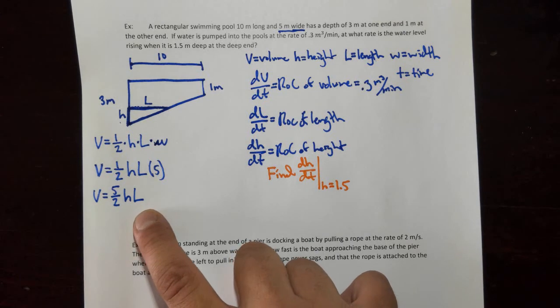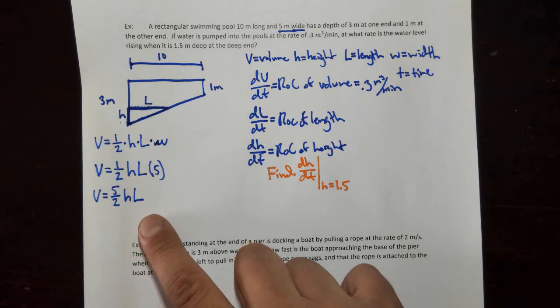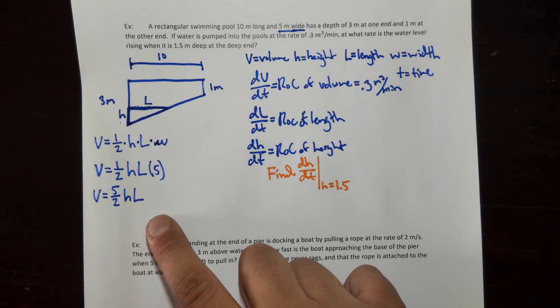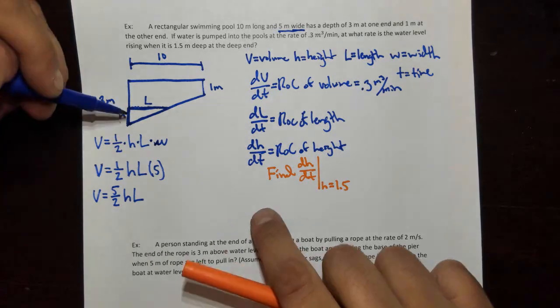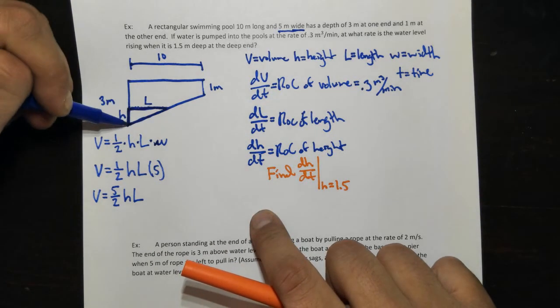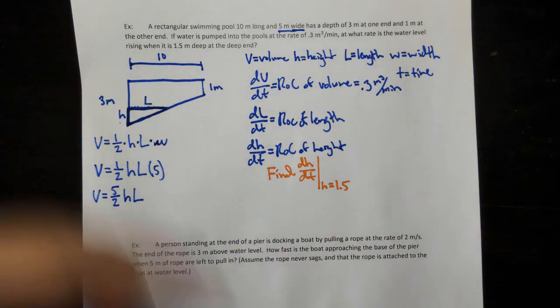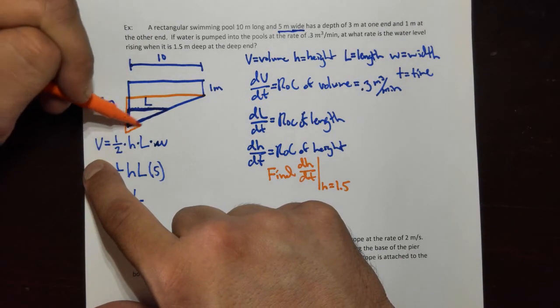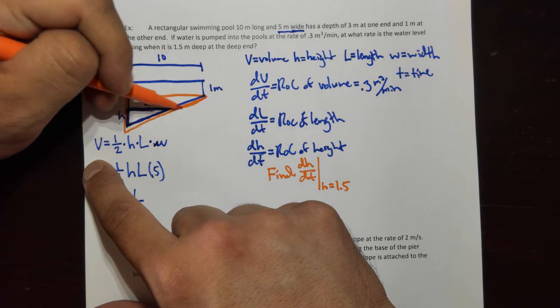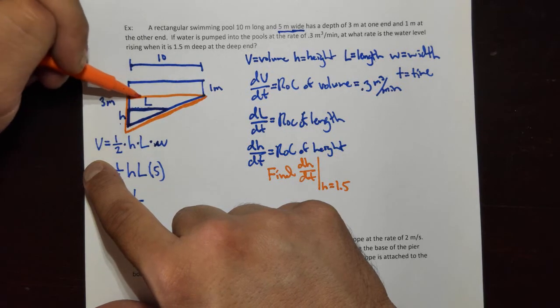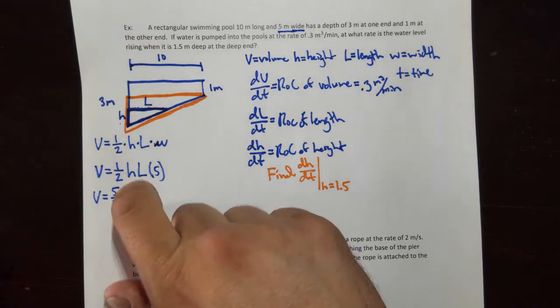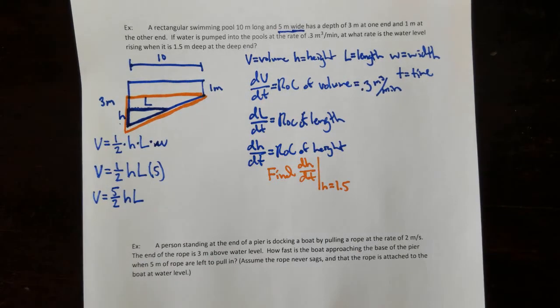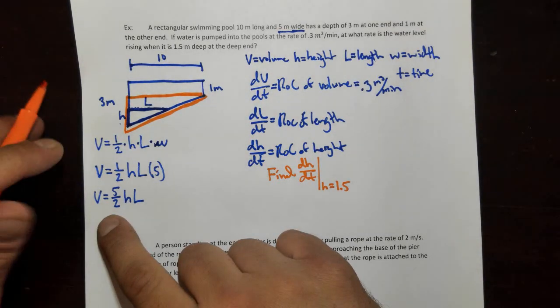So what we're going to do is we're going to use similar triangles. So notice I have this small triangle here, and this might be bringing us back a little bit. And then I have this larger triangle right here, and they're similar triangles. So let's create a similarity statement, shall we? Remember making similarity statements?